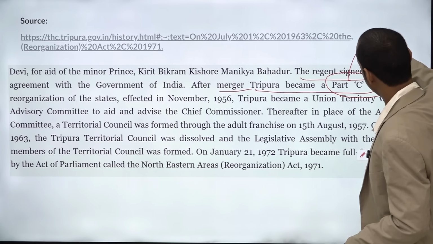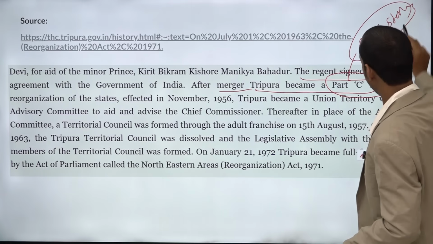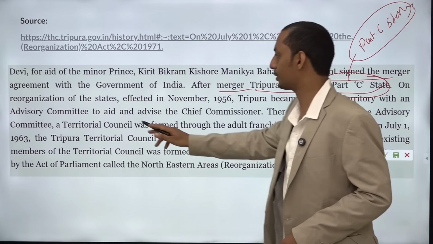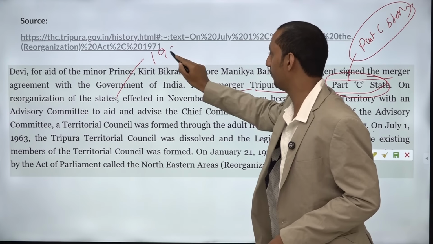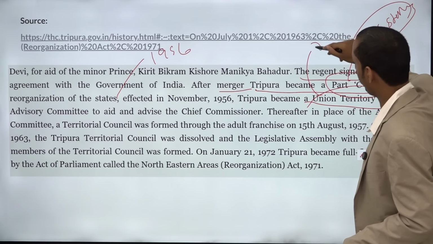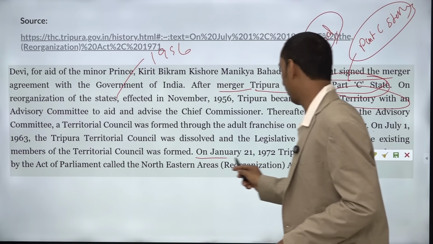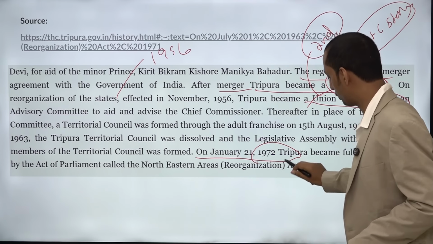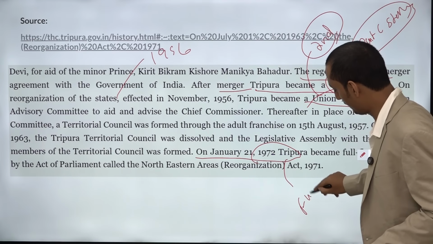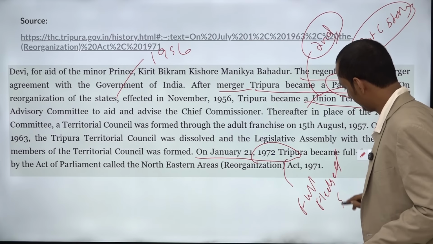So the Part C state is satisfied here. On the reorganization of states, which means 1956, Tripura became a union territory. So the second fact is also satisfied here. And it actually became a full-fledged state in 1972. So the full-fledged state is also satisfied here.